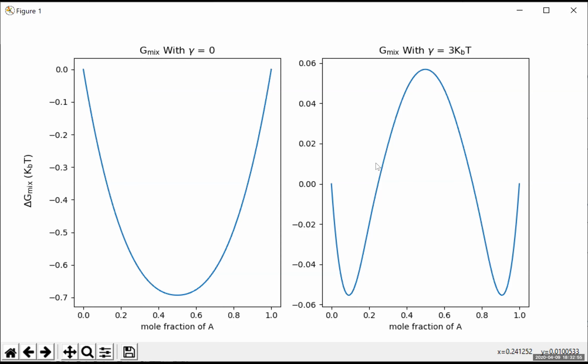This means those two types of molecules can phase separate, satisfying that favorability by grouping all the A's on one side and all the B's on the other. Does that answer your question? Yeah, thank you.